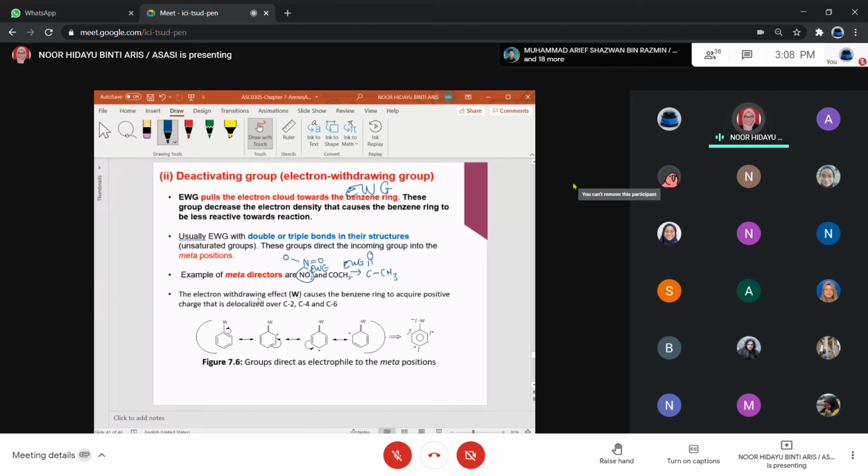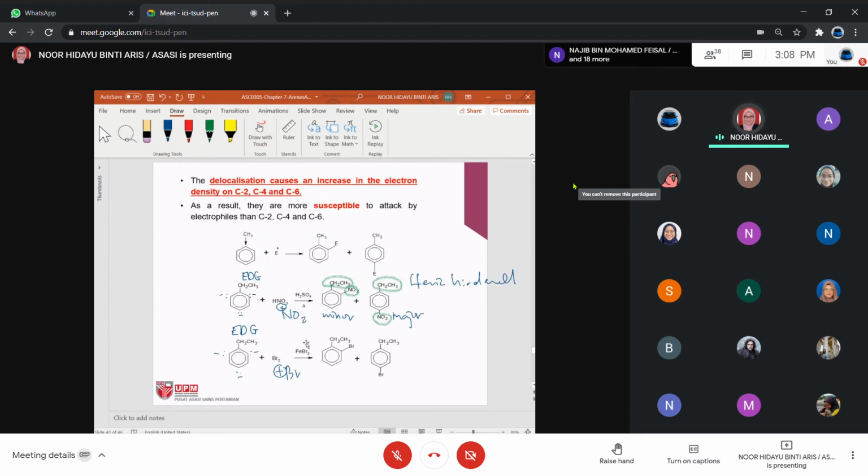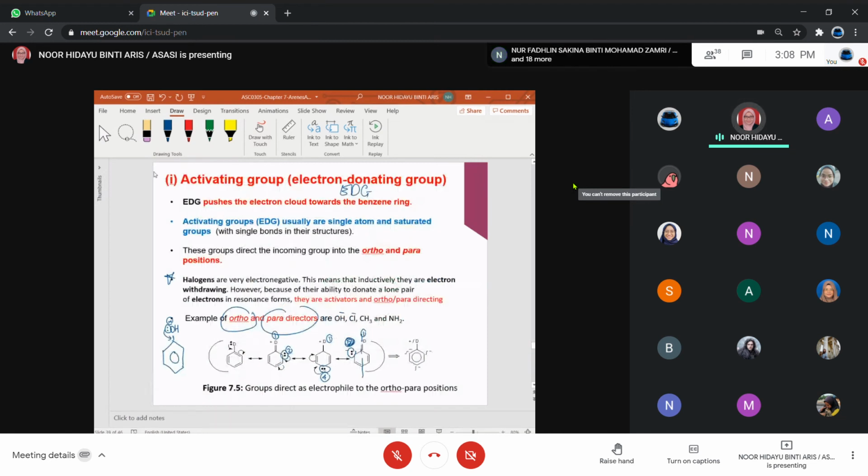The electron withdrawing effect causes the benzene ring to acquire a positive charge that is delocalized over carbon number 2, carbon number 4 and carbon number 6. Look here, compare with earlier. Earlier, carbon 2, 4 and 6 got a negative charge, the electron density there was high, so the electrophile attacked at 2, 4 and 6.